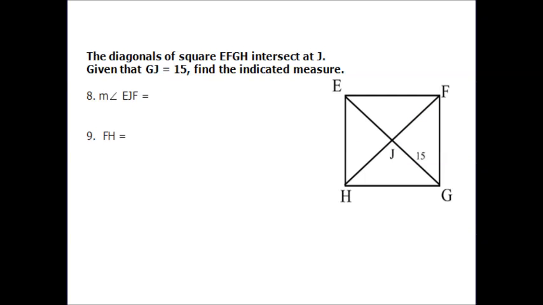Let's go to our last example of the day. The diagonals of square EFGH intersect at J, and given that GJ is 15, find the indicated measure. So this being a square, we know that just like in a rectangle, all angles are right angles. All 4 angles are congruent and they are right angles.